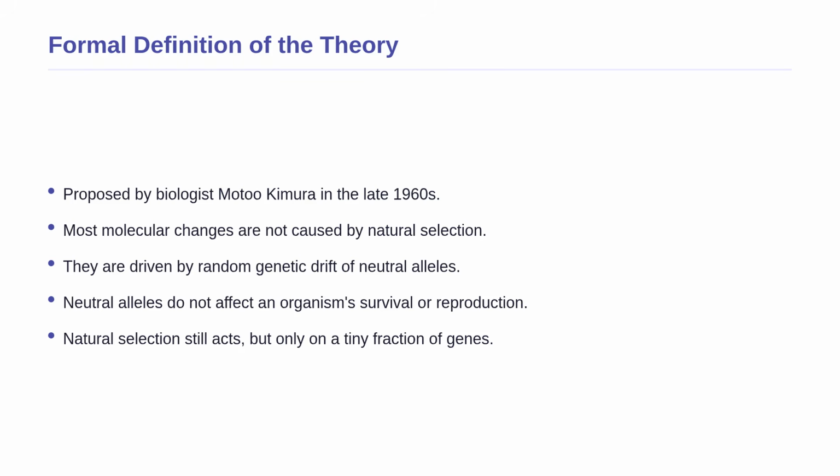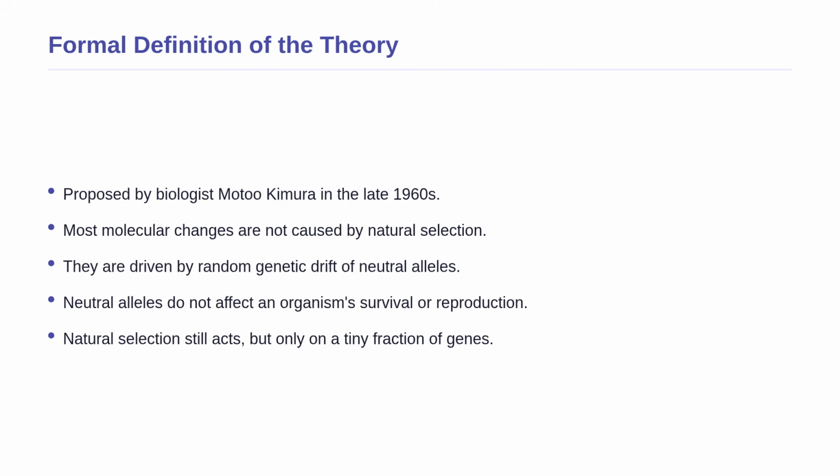Now that we have an intuitive understanding, let us look at the formal definition. The neutral theory of molecular evolution was first proposed by the brilliant biologist Motoo Kimura in the late 1960s. It formally states that the vast majority of evolutionary changes at the molecular level, meaning changes in DNA and proteins, are not caused by natural selection.